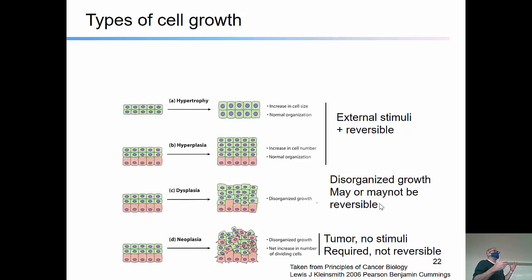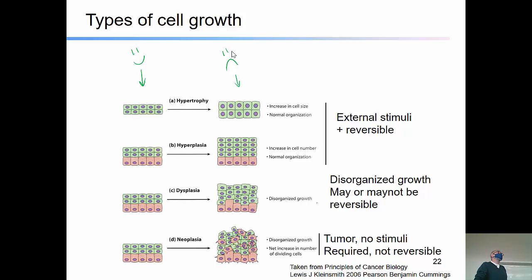So we're still increasing the size of whatever this tissue is, but they maintain their organization. And if the signal is removed at this point, the tissues will return to what they normally look like. So the left-hand side is the normal side.